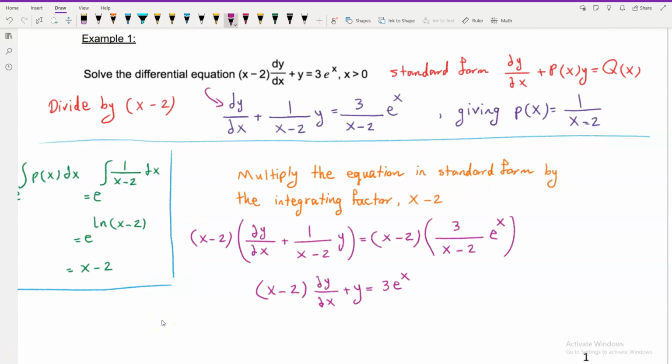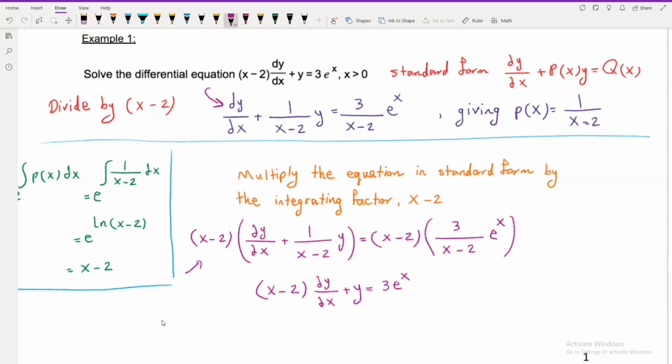Now multiply the equation in standard form by the integrating factor x minus 2. Here we have the standard form dy over dx plus 1 over x minus 2 times y equal to 3 over x minus 2 times e power x. So multiply this by x minus 2. We have x minus 2 times dy over dx plus 1 over x minus 2 y equal to x minus 2 times 3 over x minus 2 times e power x.